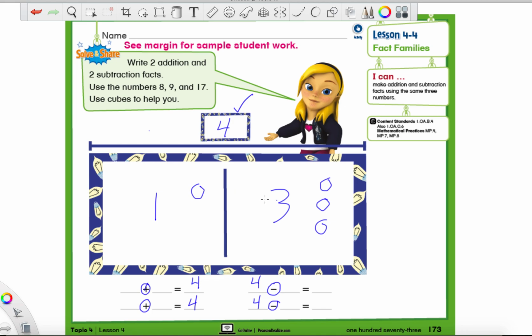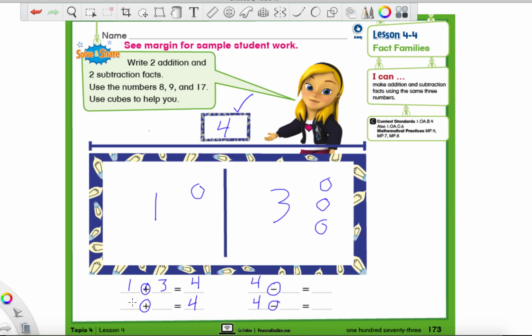Okay? Now, how can we finish our first addition sentence? What number would you like to go first? If you're pointing to the 1, we can absolutely do that. We can write the 1 first, and that means the 3, our other part, would go second. Okay? And now if we want to create a brand new addition sentence using the same numbers, well, we can just flip-flop the parts, right?